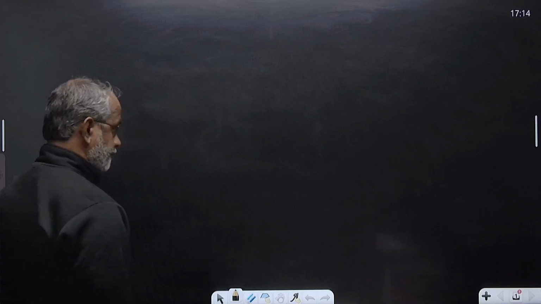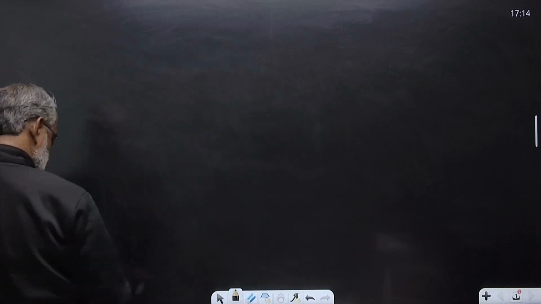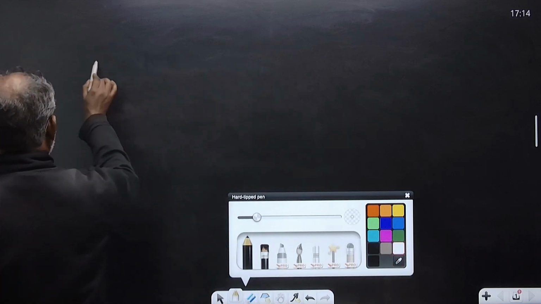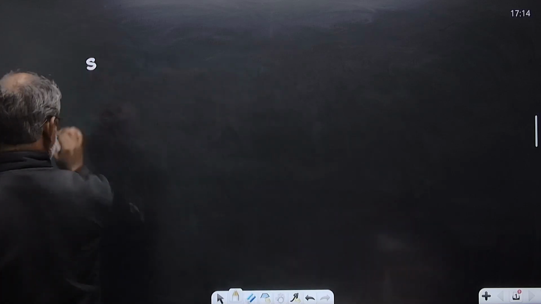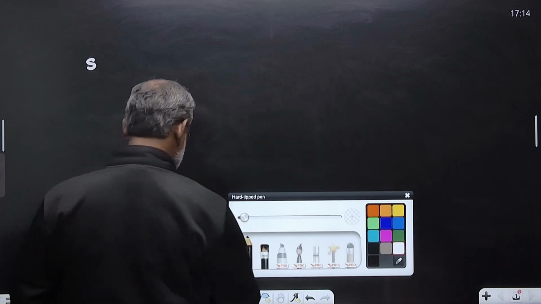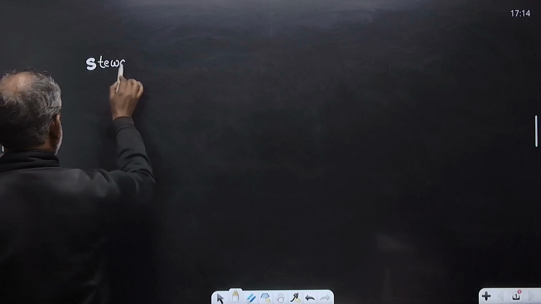Okay. So, one very important theorem that is used is Stewart's theorem.